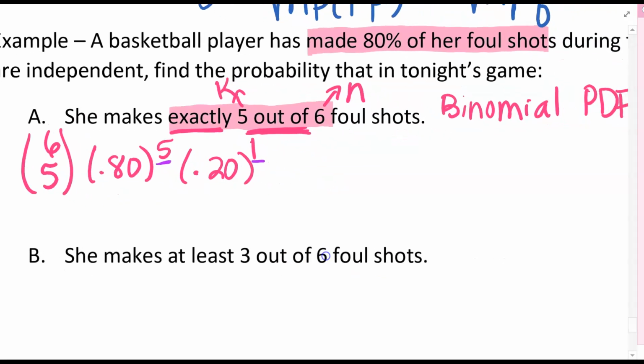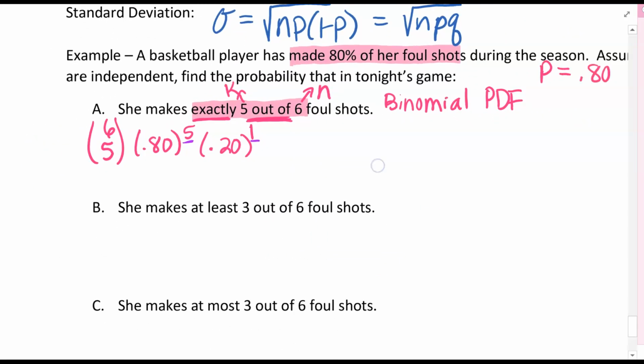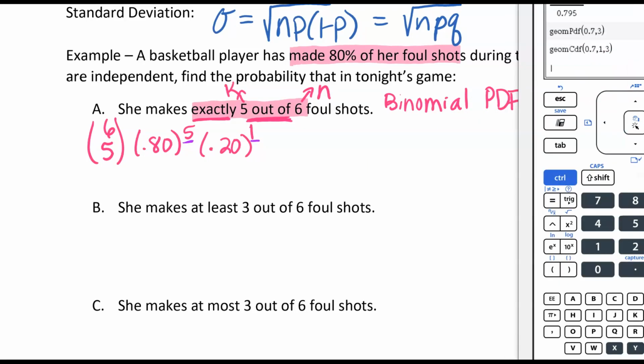Okay, so on the calculator, you're going to find binomial PDF. I think that's option A. So menu, stats, distributions, binomial PDF, yes, that is A. What's the total amount of shots? 6.